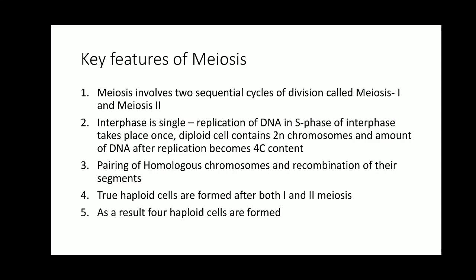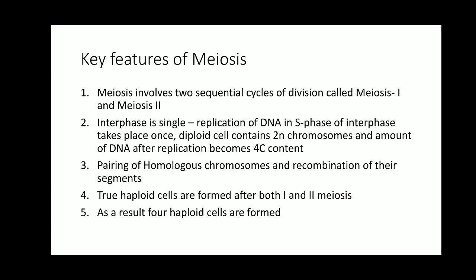After meiosis, true haploid cells are formed after both meiosis I and meiosis II. After the first round of meiosis, two cells are formed with reduced chromosome number. These two cells further undergo meiosis II, which is similar to mitosis.